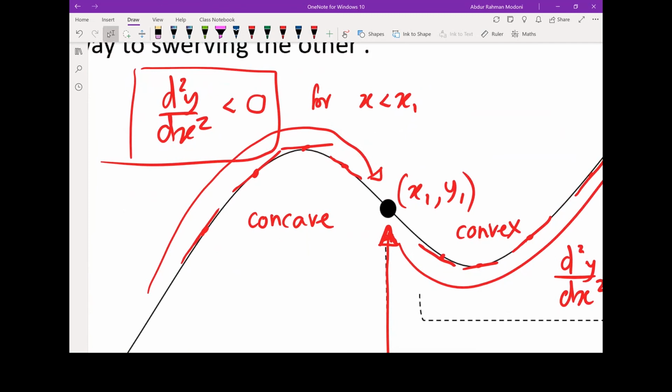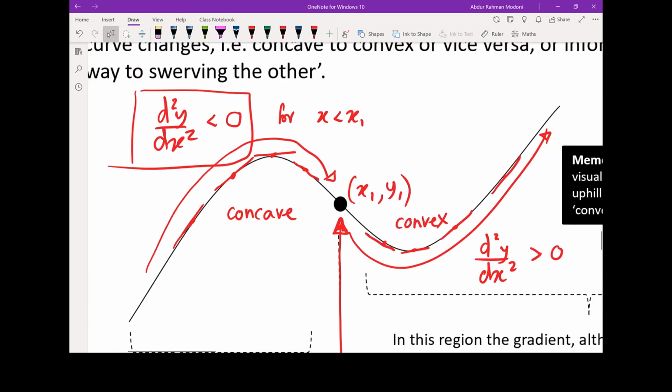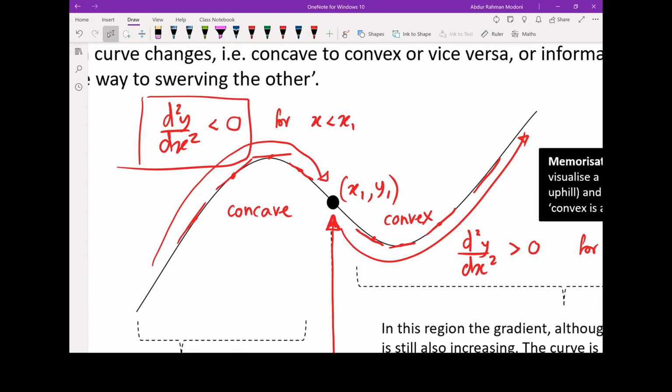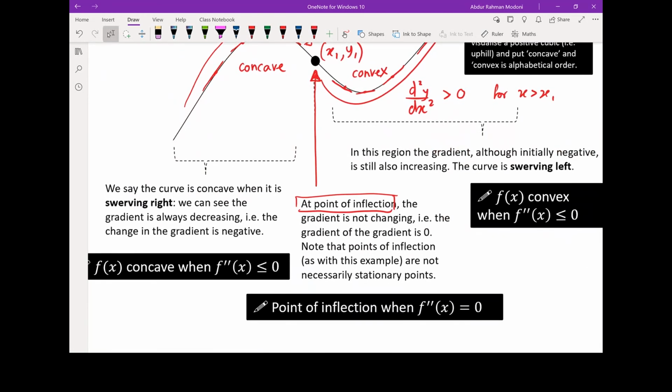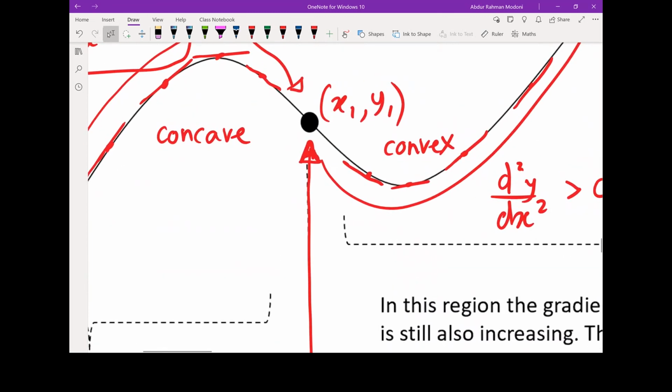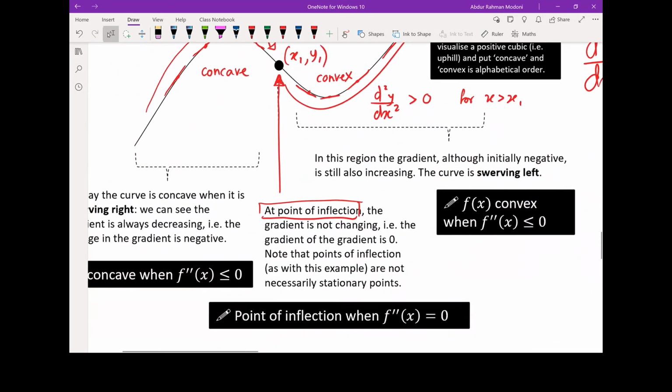It starts indicating that the rate of change of the gradient is reducing, negative, until it hits 0 here, and then it starts becoming positive. So at the point of inflection, the rate of change of the gradient is 0, i.e. the gradient is not changing at that point. Momentarily, it is kind of constant. Therefore, there is no change in the gradient.